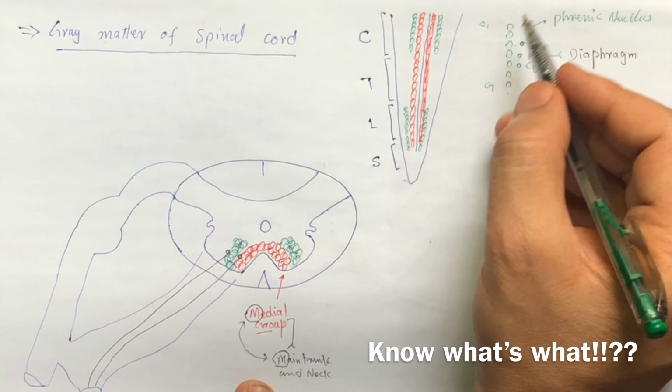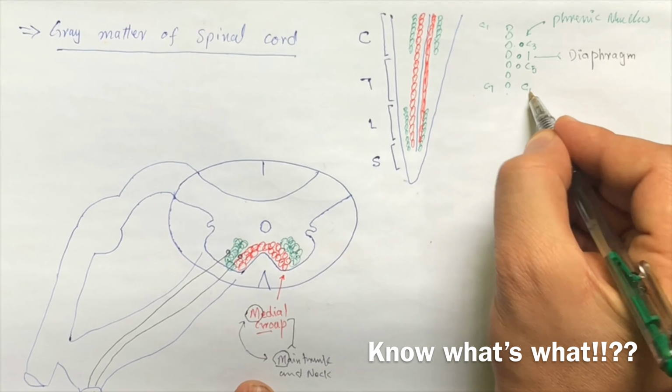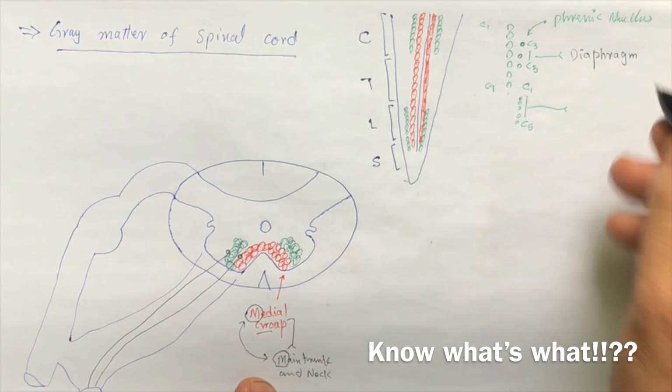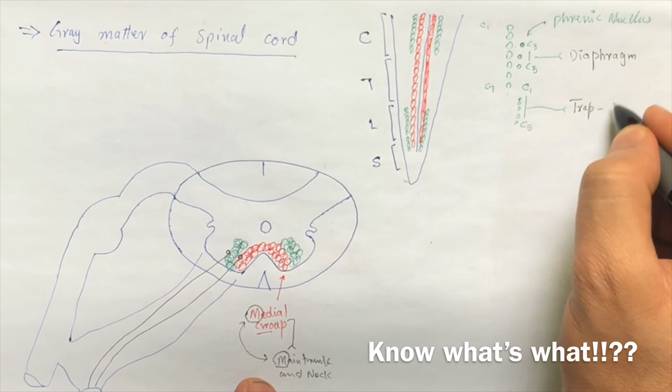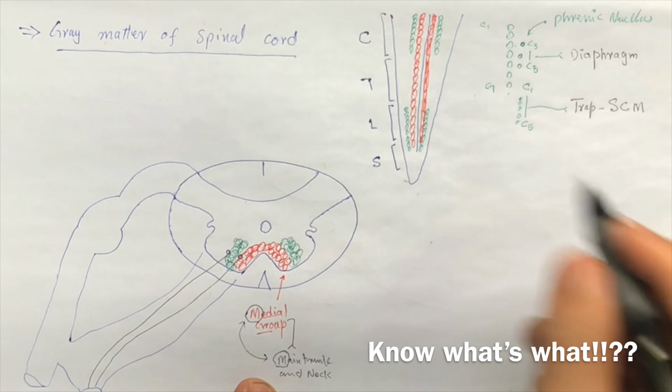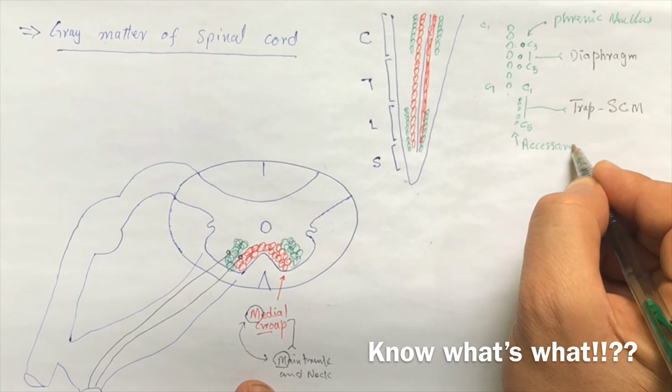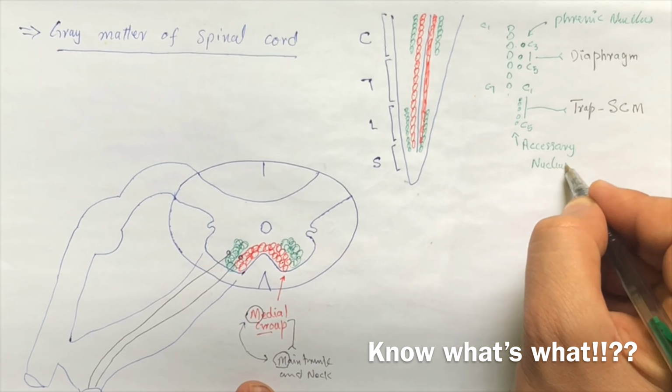And then from C1 to C5 or 6, the other fibers or axons stimulate the trapezius muscle and the sternocleidomastoid muscle. So these nuclei are called the accessory nucleus.